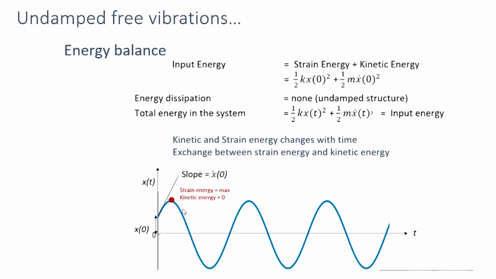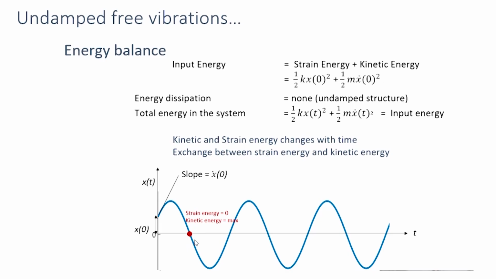Now, after some time, at this point, the displacement is 0, but the velocity will be maximum, because if you look at this curve, this point will have the maximum slope, right? So the kinetic energy will have the maximum value, but the strain energy will be 0 at this point.